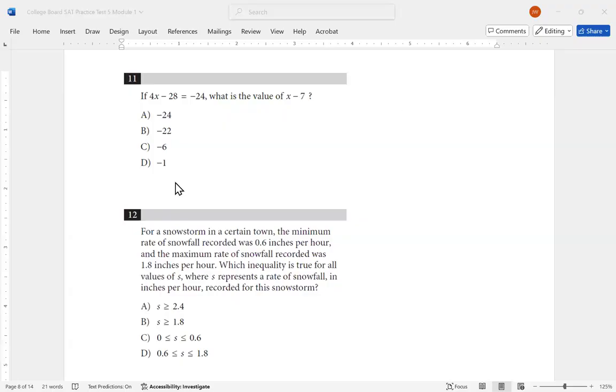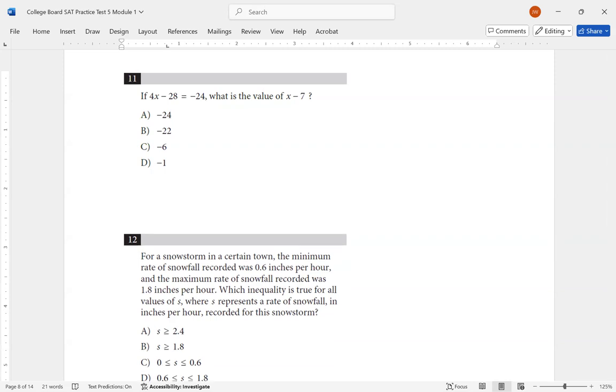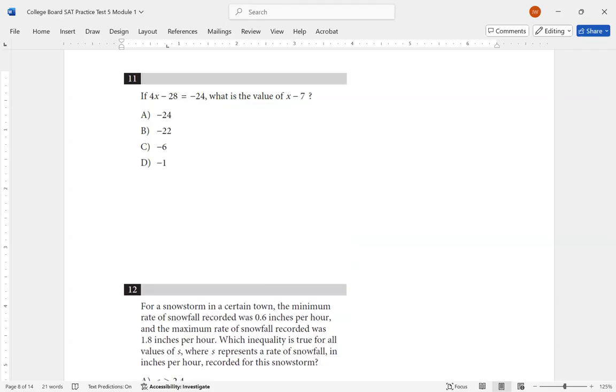Question 11 says, if 4x minus 28 is equal to -24, what is the value of x minus 7? Now, interestingly enough, you can solve this in a lot of different ways, but what I would do here is set up my equation as 4x minus 28 is equal to -24.